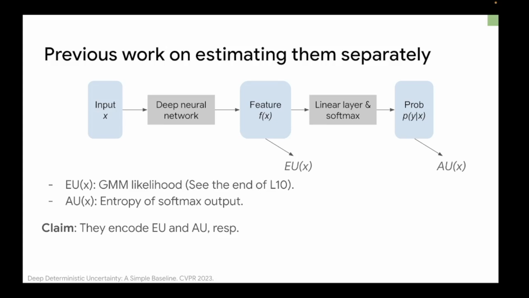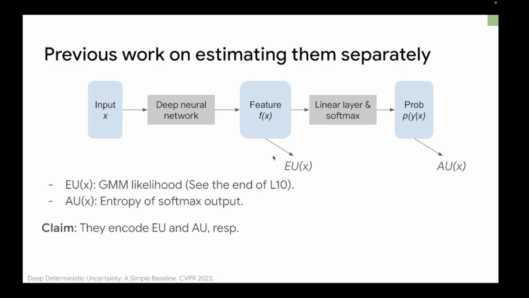So there has been some prior work on trying to do that. Here's one example. Given an input X, it goes through a deep neural network and gives you some feature, so there's an intermediate feature layer. Based on this feature layer, you measure epistemic uncertainty using the Gaussian mixture model likelihood, as you have seen in lecture 10. The paper is "Determining uncertainty, a simple baseline", CVPR 2023.